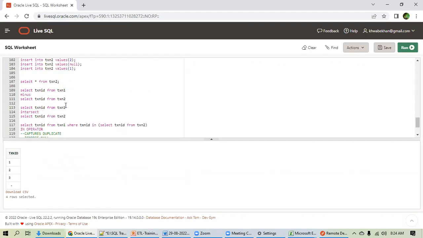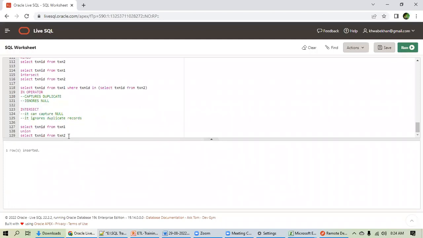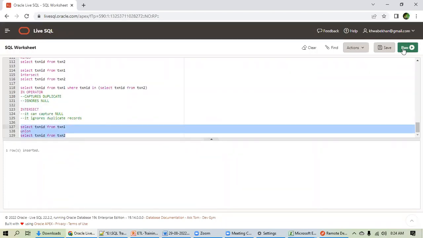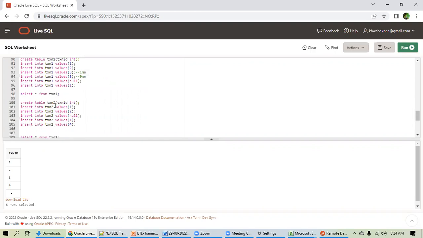In transaction 1, the values are 1, 2, 3, 3, null, 1. Let me run this union again. And this is the output. Just look at the output and apply your reasoning and tell me: 1, 2, 3, 4, null. You're getting this output.